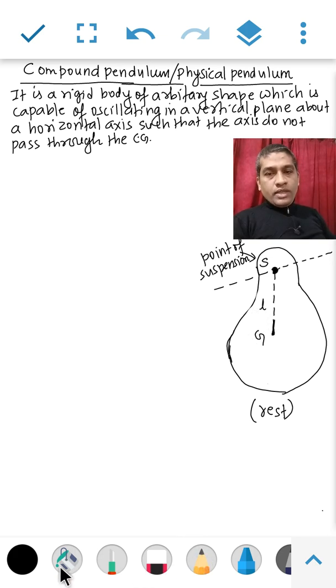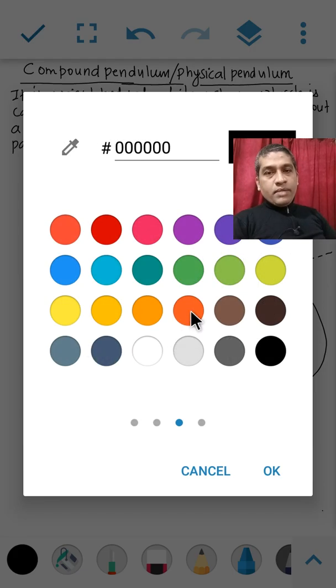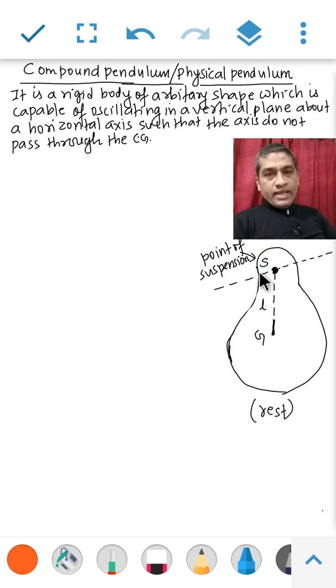Now suppose we displace the pendulum by small angle. So it will be at the new position. Okay, so if we displace it by small angle theta, then this is the new position of the center of gravity.